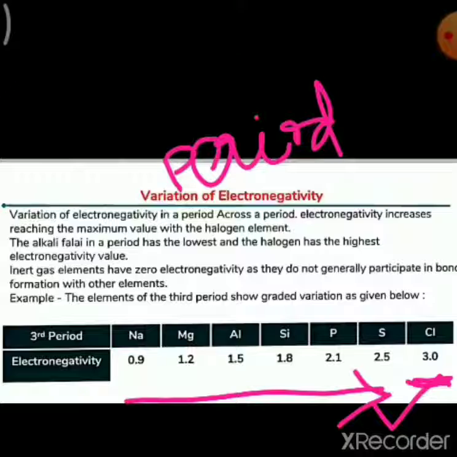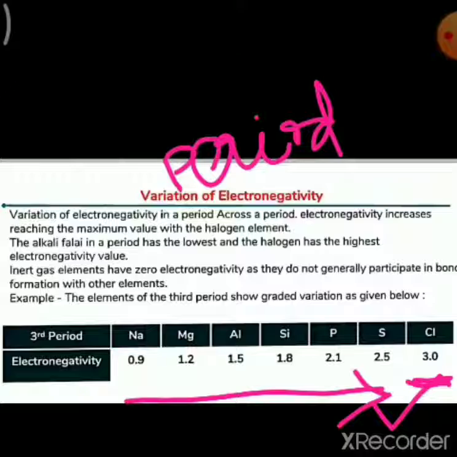Inert gas elements have zero electronegativity as they don't generally participate in bond formation with other elements. This one we have already discussed in the previous video, why the inert gas elements do not participate in bond formation.